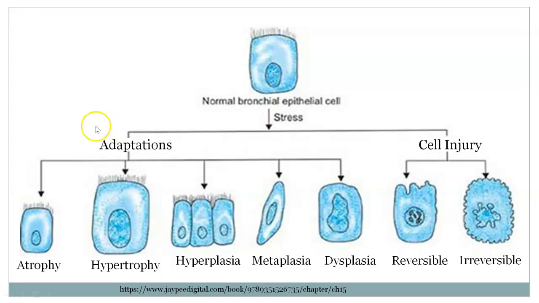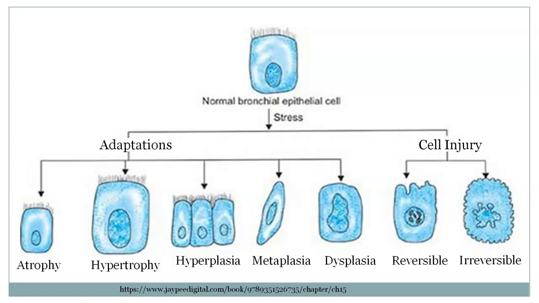So these are called adaptations. Adaptation is seen when the cells are exposed to stress. So to survive, they will change themselves, producing atrophy, hypertrophy, hyperplasia, metaplasia, and dysplasia. In the next slide, we see exactly what all of these mean.